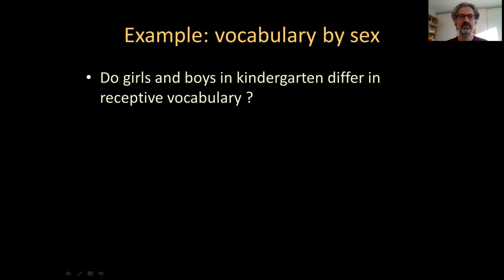And we're asking, do girls and boys in kindergarten differ in receptive vocabulary? This is a sample of 15 girls and 15 boys. These very small samples are only good for examples in the statistics course. They're too small for actual research, but they're good enough for illustration.